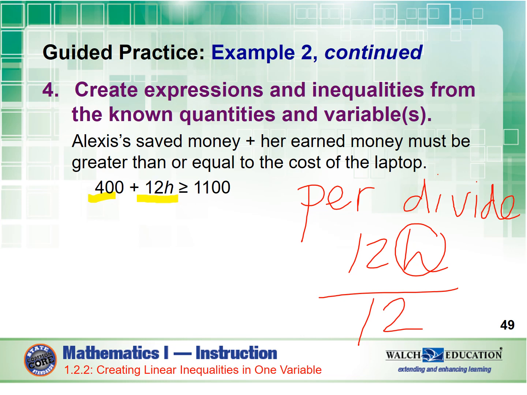When you write per, initially, before you solve for it, it's going to be multiplication. So $12 per hour. In order to get the hour alone, you'll do the opposite of multiply, which is divide. And it is greater than or equal to 1,100. We have to have a greater than or equal to because she needs at least that much money.